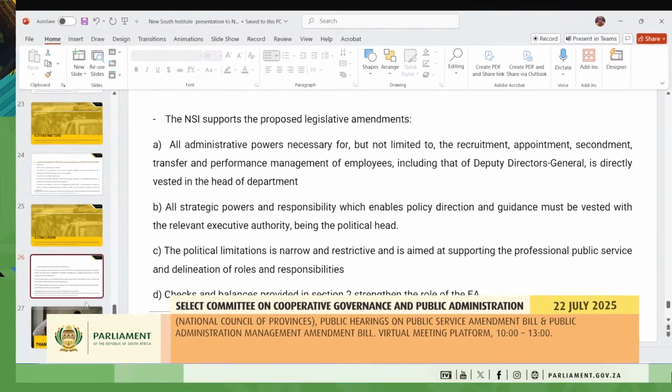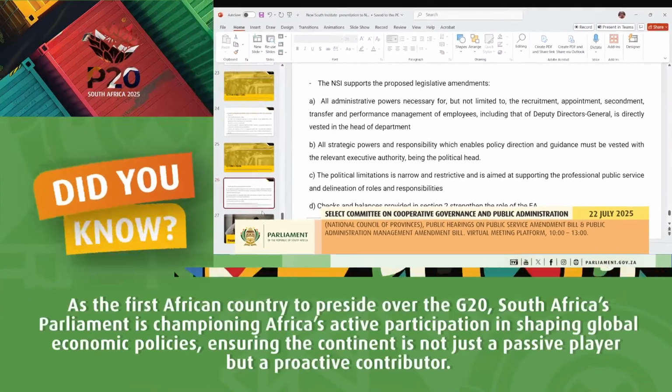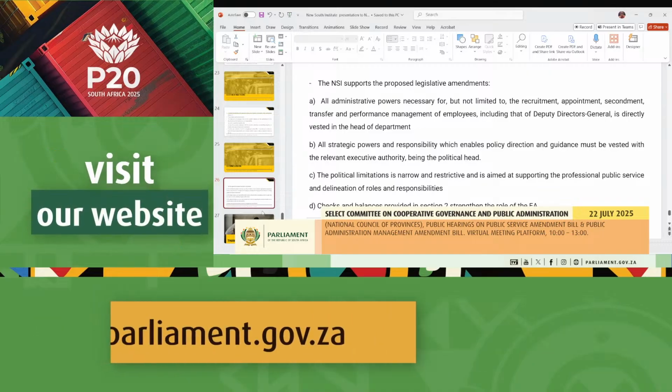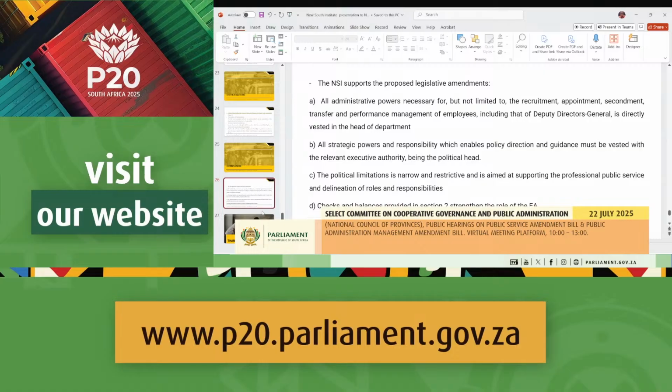Chair, as a conclusion, we just want to highlight that the NSI supports the proposed legislative amendments. All administrative powers necessary for, but not limited to, the recruitment, appointment, secondment, transfer, and performance management of employees, including that of deputy directors, are directly vested in the heads of department.